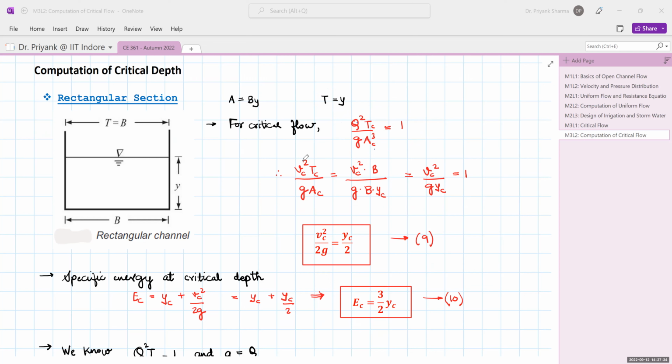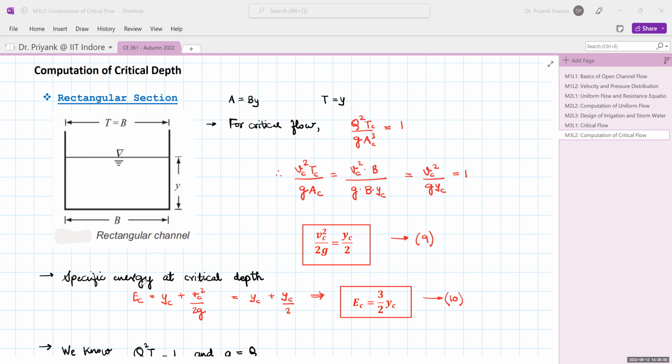Q by A is velocity, so we substitute this velocity, and then we make the changes that T is equal to b and area is b into yc. So you get Vc square upon g yc equal to 1, and further simplifying, you get Vc square by 2g equal to yc by 2. That means the velocity head is equal to half of your critical depth for a rectangular section.